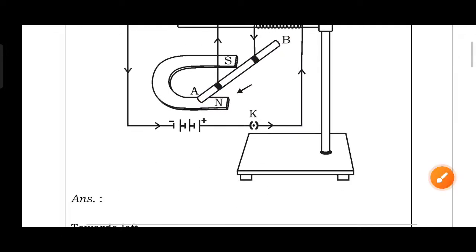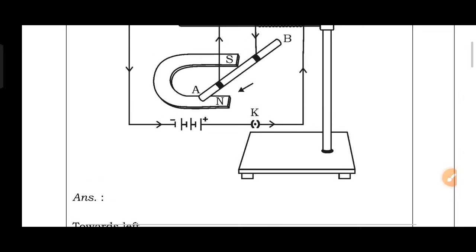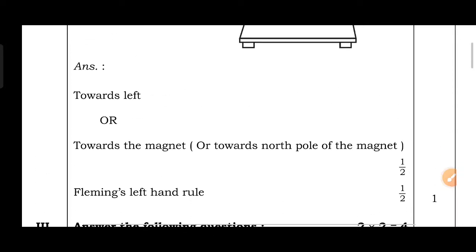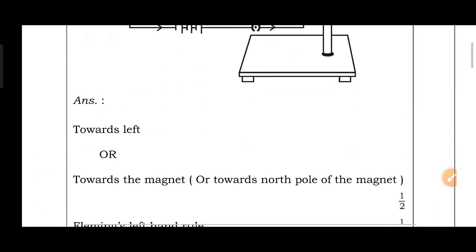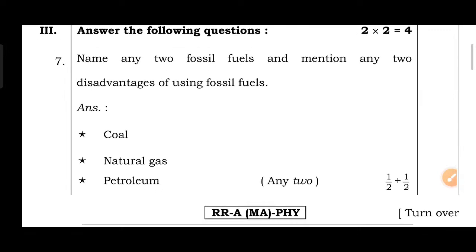The conductor is moving towards the left, towards the north pole of the magnet. It's Fleming's left hand rule. This device works with the help of Fleming's left hand rule. We already studied this experiment.